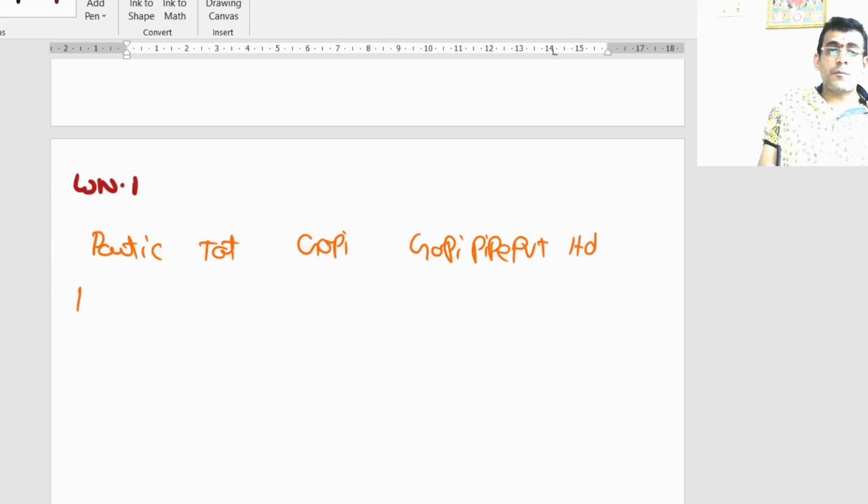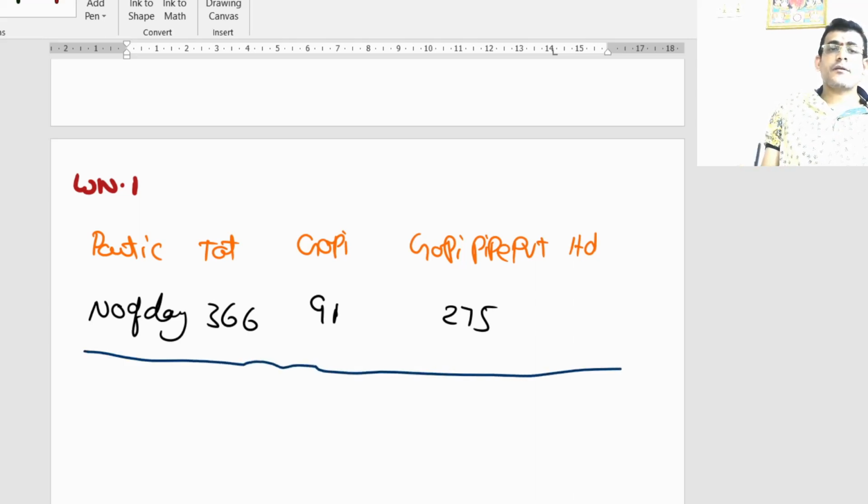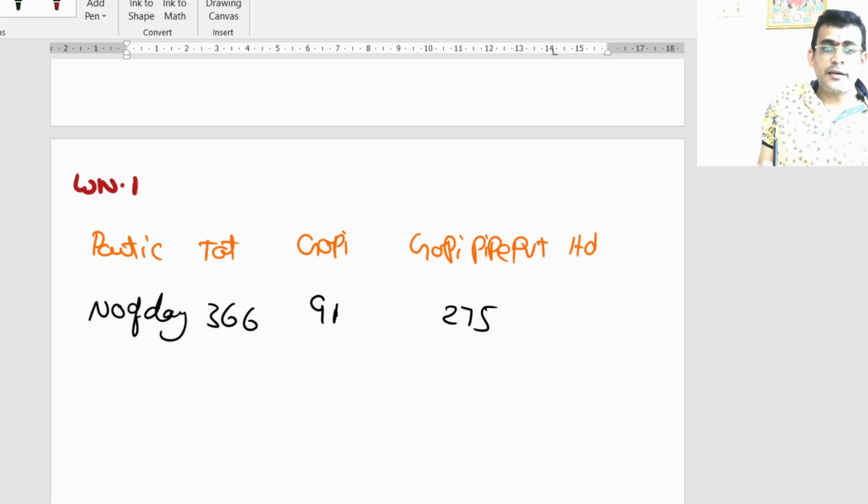The first asset is nothing but your plant and machinery. Before that, let us take number of days. We know that the total year is having 366 days. Of this, 91 days is used by Gopi and the remaining 275 days is used by Gopi Pipes Private Limited. That's the information which has already been calculated.